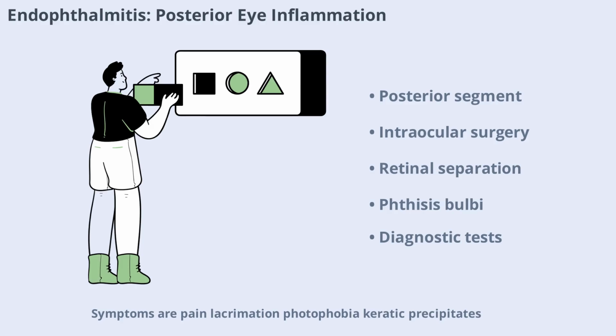Symptoms are pain, lacrimation, photophobia, keratic precipitates, leukocoria, hazy vitreous, white pupillary reflection, low intraocular pressure, and eventual phthisis bulbi. Investigations include culture and sensitivity tests of aqueous and vitreous.